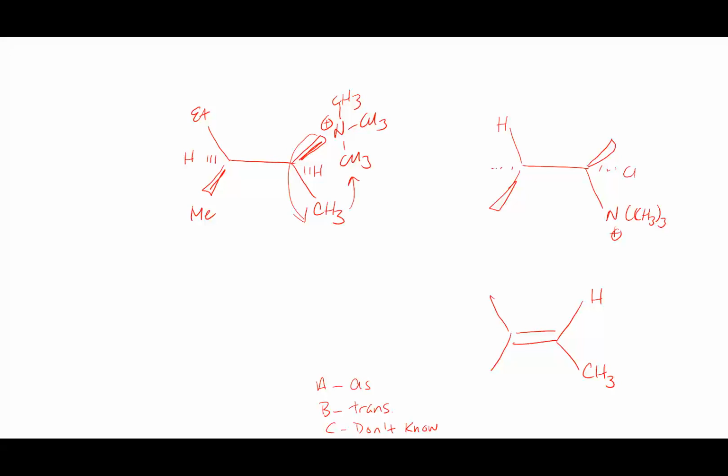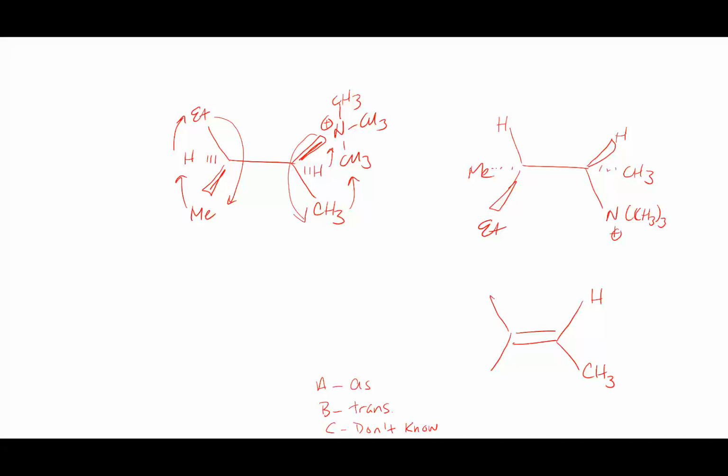It's going to rotate back, and what's going to happen with the hydrogen? It's going to rotate up. So first thing is put the nitrogen into the planar positions, the positions that are in the plane of the screen. Now I got to put the beta hydrogen into this upper position, so I'm going to rotate it up. That means the ethyl group is going to come down, and this methyl group is going to come over here.